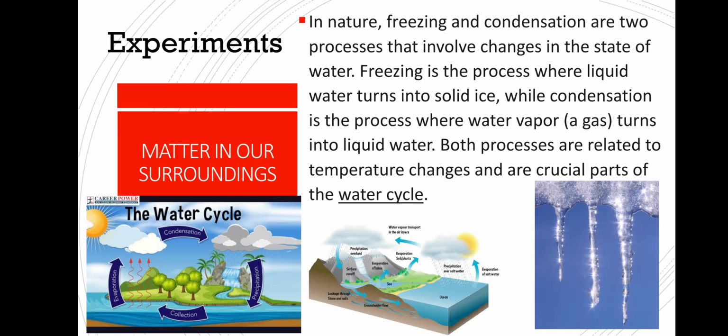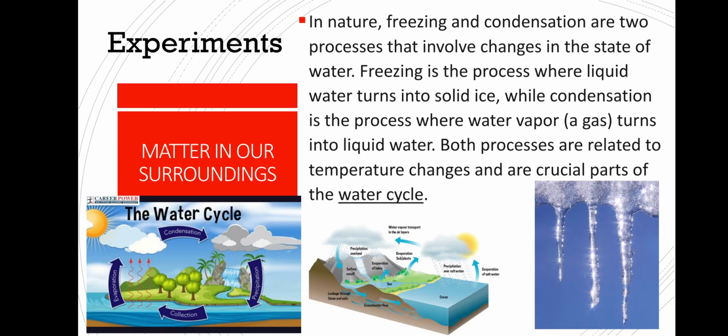So you can see the water cycle, what happens. The evaporation of the water from the land as well as the sea takes place, and when it is warm, it is very light, so the vapors rise up, and when they come in contact with the cool air, they condense again.